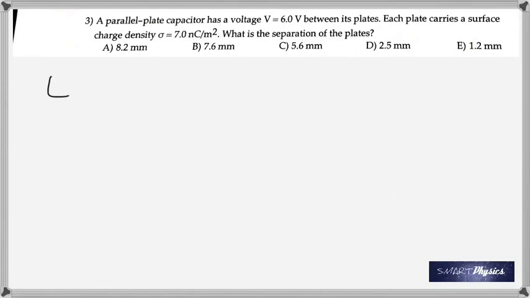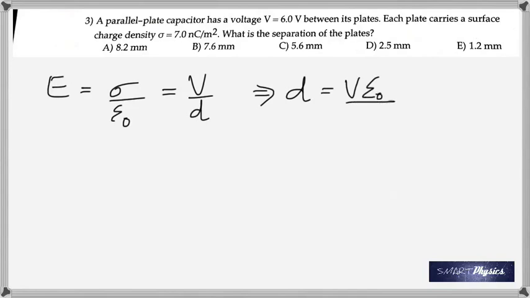And then question 3, you have a parallel plate capacitor, voltage 6 volt, sigma, which is the surface charge density, is given. You have to find the separation of the plates. And here, the intensity of the electric field is sigma by epsilon naught, or it's also given by voltage divided by the distance.